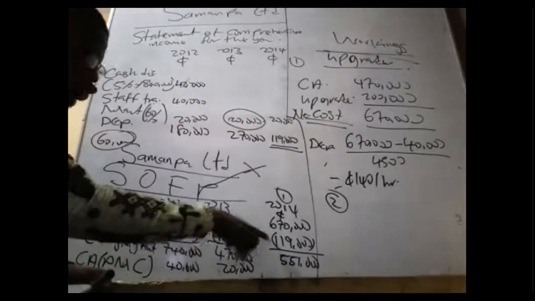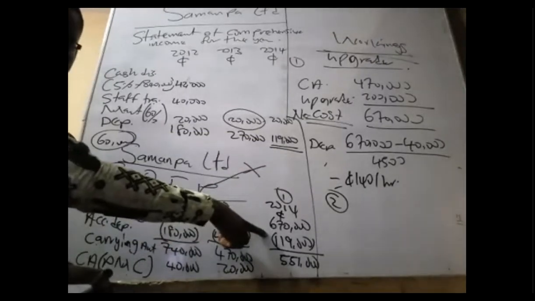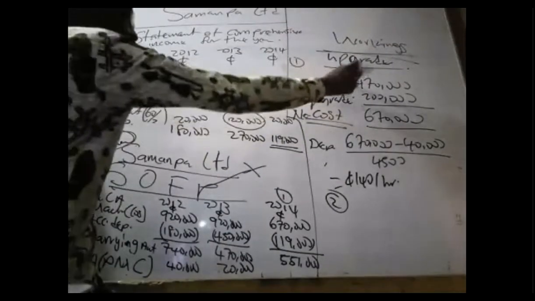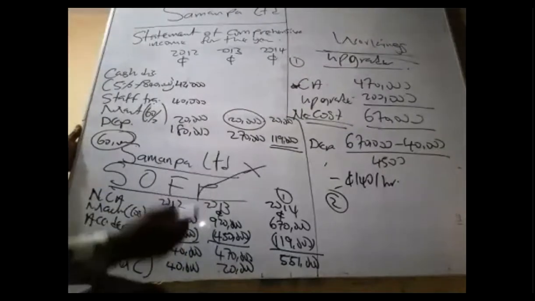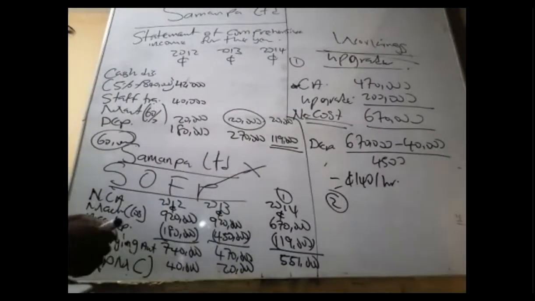Don't forget that you don't need to add this to the 450 to get the total accumulated depreciation, because you've already subtracted it before arriving at this figure. Obviously, you took the carrying amount. Now method 2: you can still pick the 920.